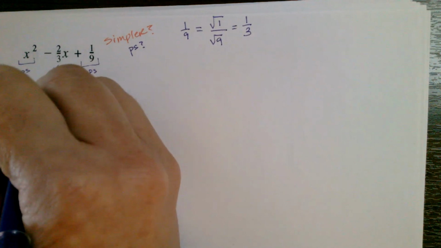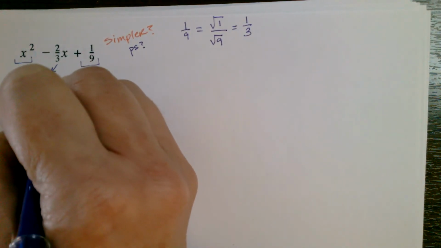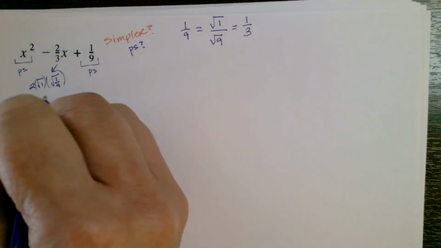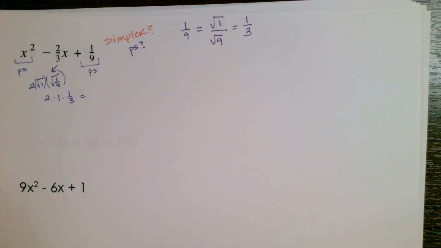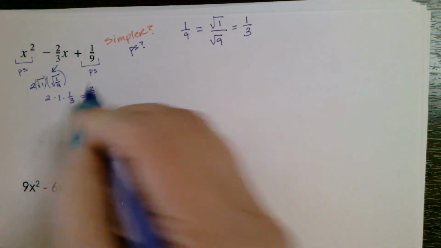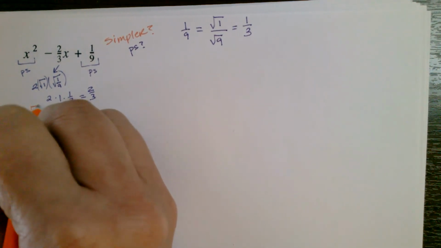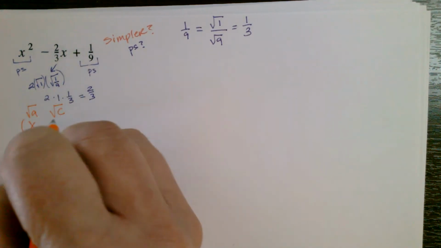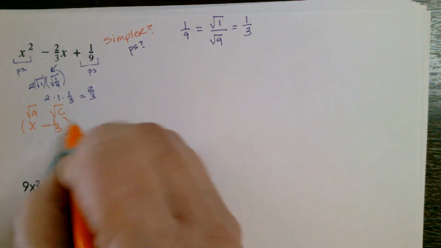Is this 2 times the square root of 1 times the square root of 1/9? 2 times 1 times 1/3 does equal 2/3. So square root of the first term, square root of the second term, sign in front of b.